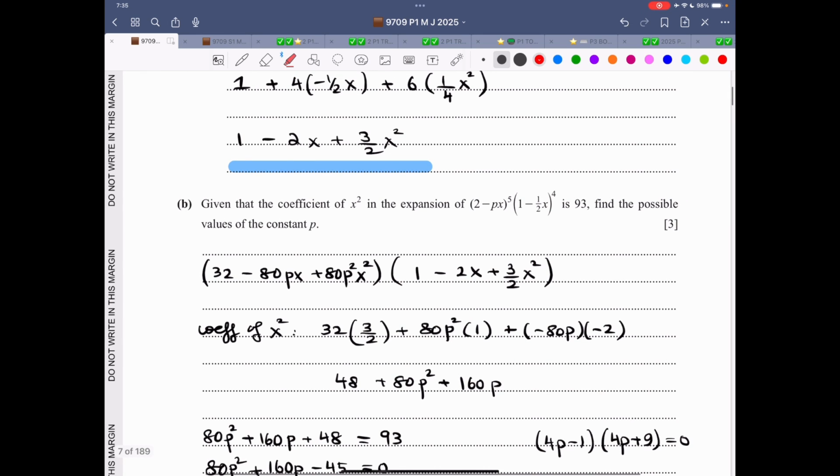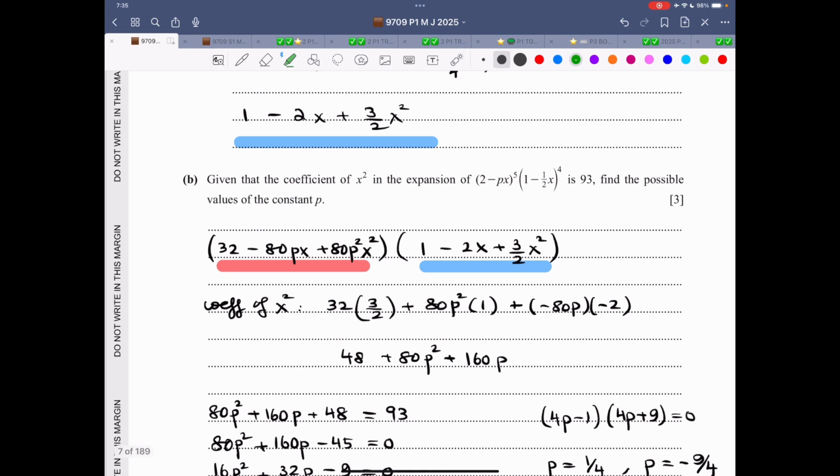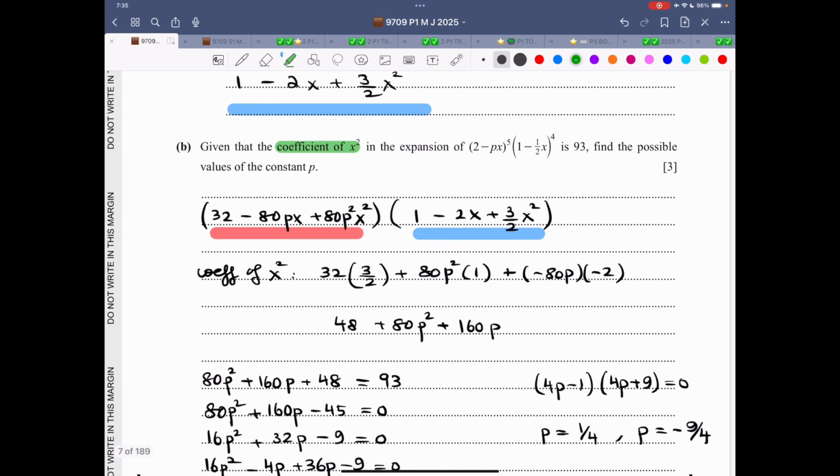So now this is the first three terms, the answer of the first part. This is the answer of the second part. And we are only interested in the coefficient of x square. Now, how do we get x square? We take this 32, we multiply with the x square term. That's one thing.